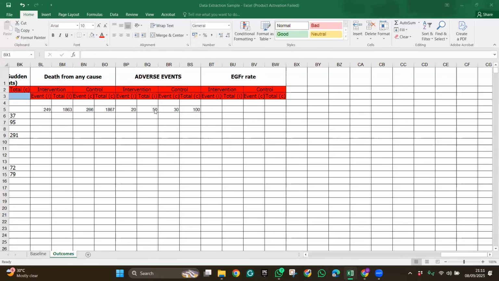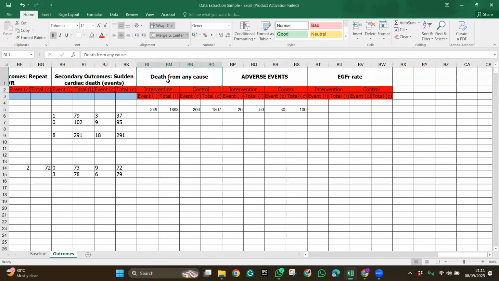Ahmed, I told you guys at the very beginning, whenever you're extracting the data, let's say there are 10 studies which you're including in your meta-analysis, and you're extracting the data for an outcome. Let's say that outcome is death from any cause, and it is reported in all 10 studies.